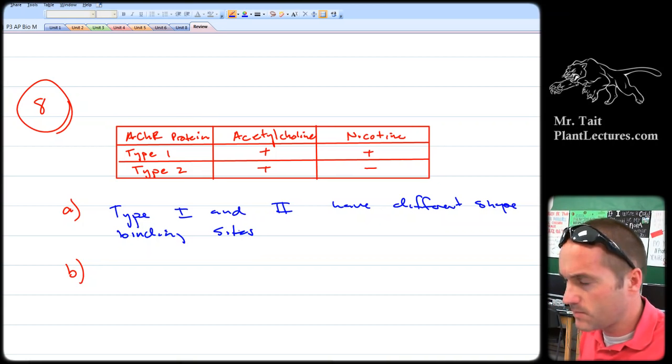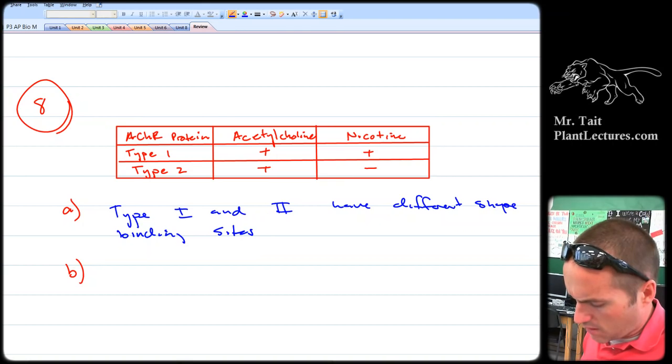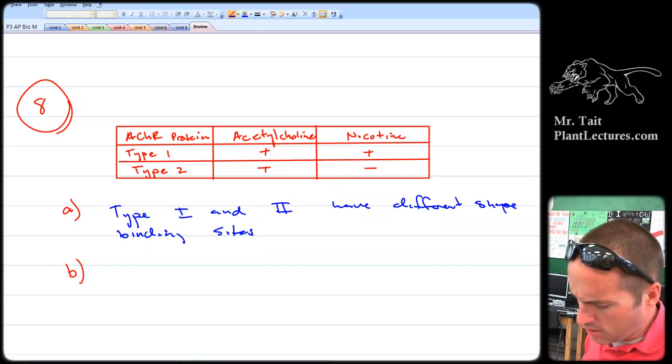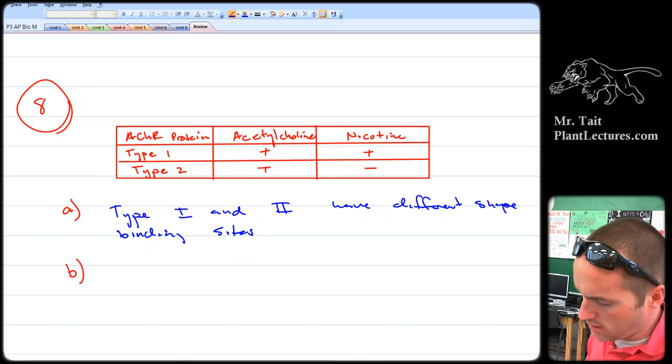What if you just said like type 2, like nicotine can't bind to it, and then type 1? I don't know if that's enough. Because it says describe the difference in structure and function, right?